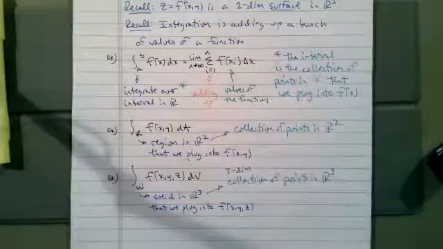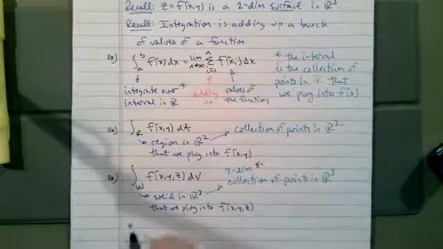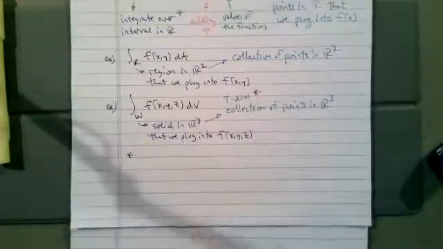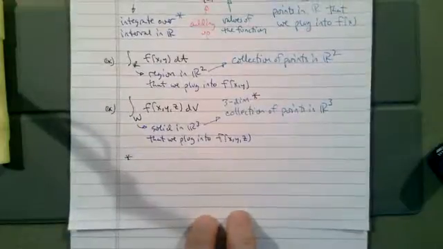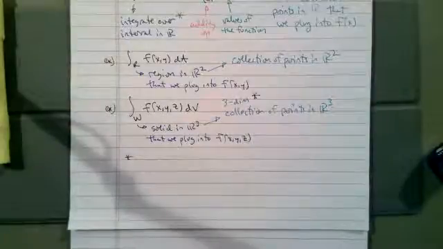So now what if we want to integrate a function of 3 variables, but only over a 2-dimensional collection of points in R3 or a 1-dimensional collection of points in R3?